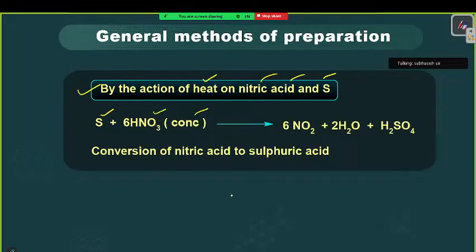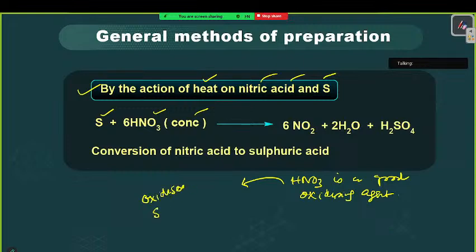Now, nitric acid is a good oxidizing agent. Nitric acid oxidizes sulfur into sulfuric acid.